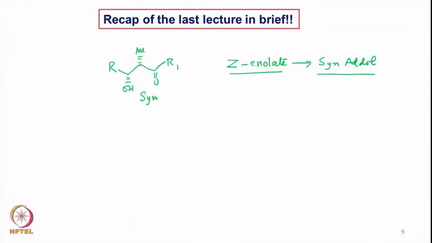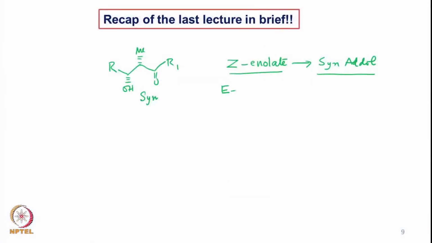Then this was the work that David Evans has reported, and the work related to the formation of the E-enolate was also taken up by other people, especially H.C. Brown, and as we saw, it depends on the size of the substituents.